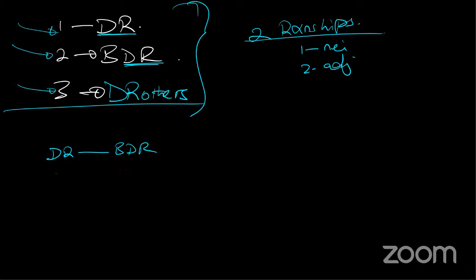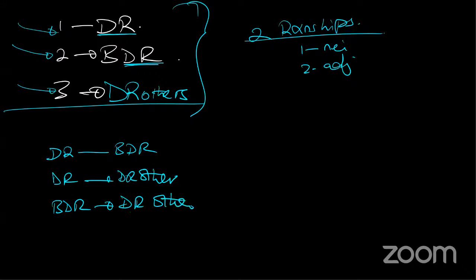Which relationship is formed between a DR and DR other? Which relationship is formed between a BDR and DR other? Which relationship is formed between a DR other and a DR other? These are 4. I need you to know them.